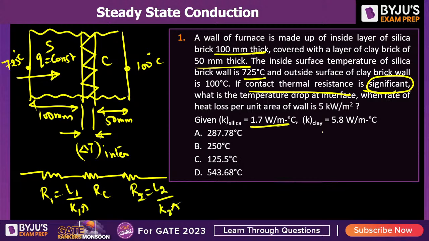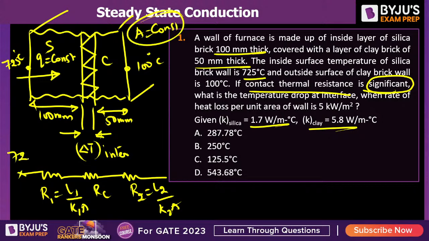The thermal conductivity of silica is given, and the thermal conductivity of clay is given. The area normal to the direction of heat flow will remain constant. This is 725 and this is 100 degrees Celsius. So we can say Q is equal to delta T overall upon R equivalent.